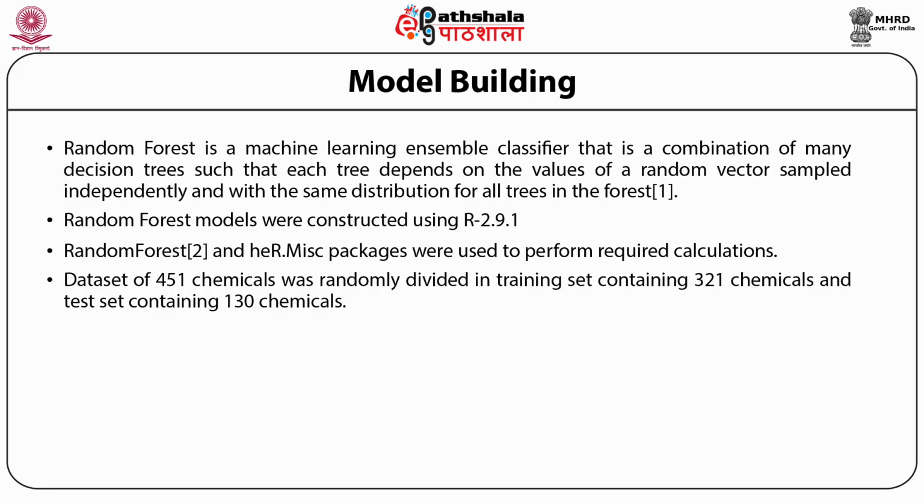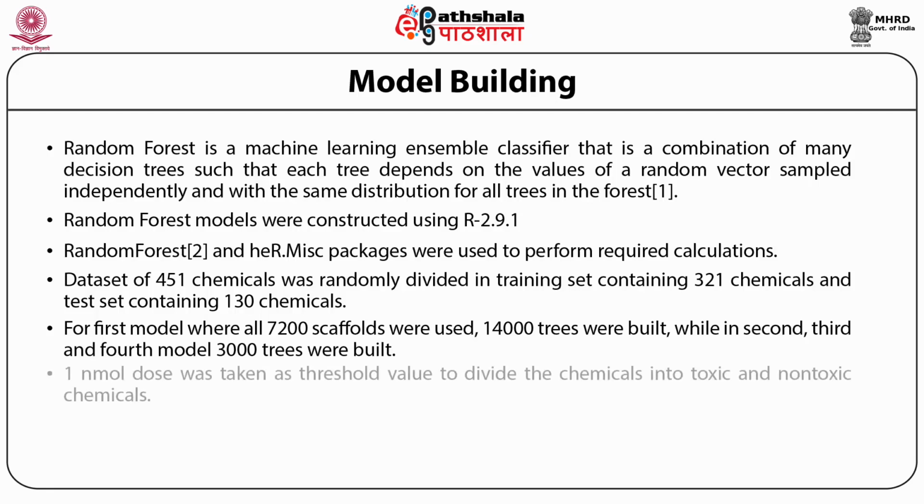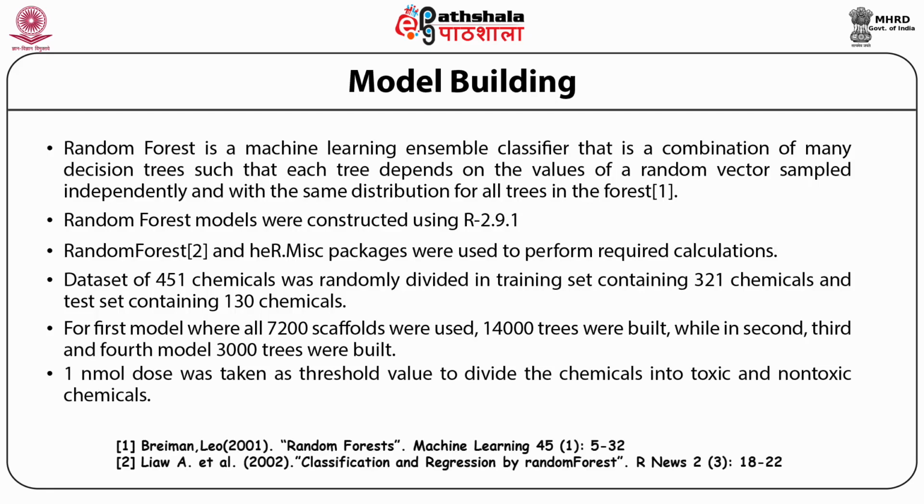When we designed this, as I told you, we first extracted the scaffolds, that is the fragments or maximum common substructures. That approach initially gave us about 7,200 unique scaffolds. We built the trees with that, a huge number, did the seed and many kinds of simulation, and increased or filtered the trees, and used a threshold of 1 nanomolar dose, which is very conservative for prediction.